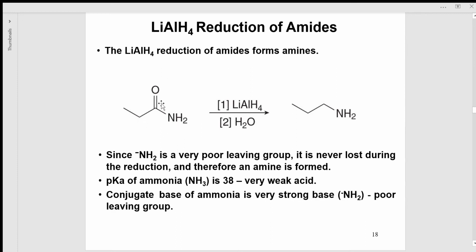Instead, only the carbonyl group is attacked by hydride, and the carbon-oxygen bond is totally reduced by lithium aluminum hydride, a very strong reducing agent. Again, this part will never leave the substrate, so the final product is an amine.